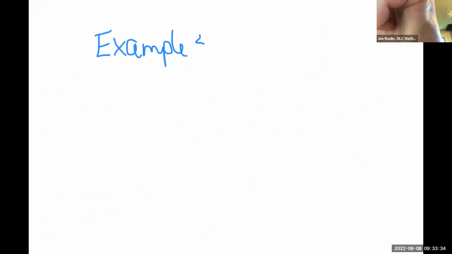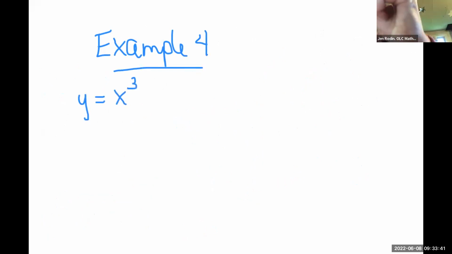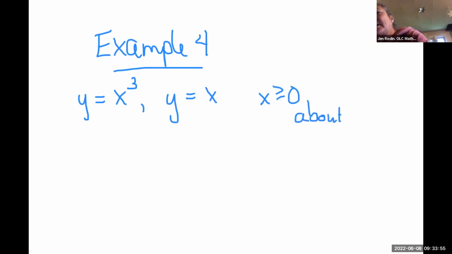This is kind of example 4. Here we go. So y equals, this will be interesting, x to the third, y equals x, x is greater than or equal to 0. And then we're rotating it about the x-axis. This one's still all in terms of x, just so everybody gets a good feel for it. So it doesn't tell us the limits of integration other than that x has to be greater than 0.